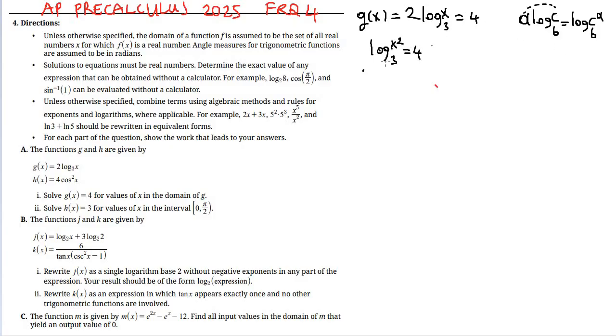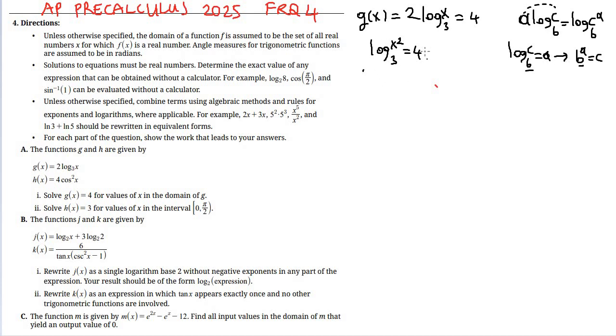Now we're going to convert this log function to an exponential function. If you have log base b of c equal to, let's say, a, then it's going to be b to the a is equal to c. So the base does not change, input and output switch, because exponential and logarithmic functions are inverse functions.